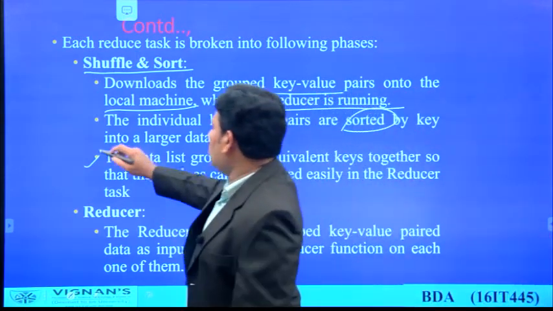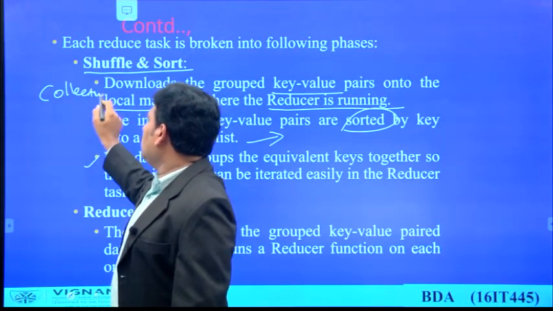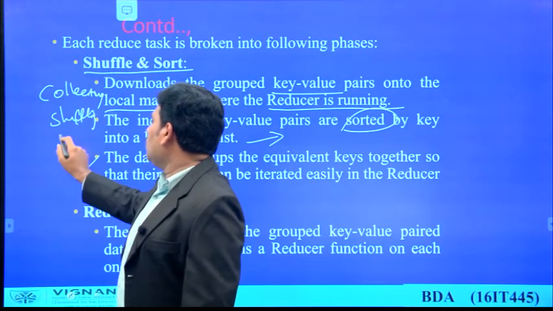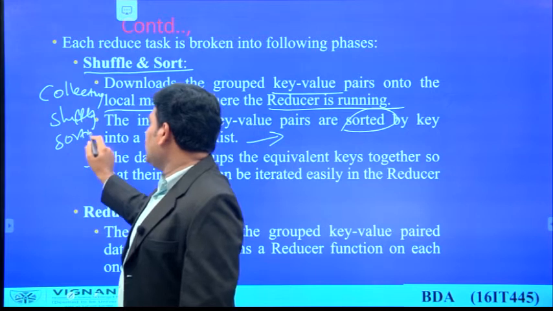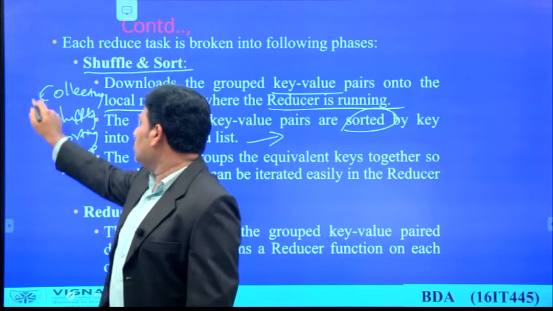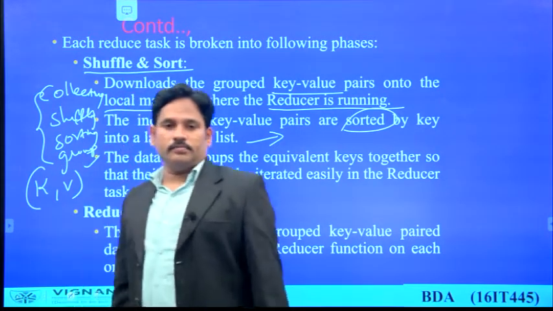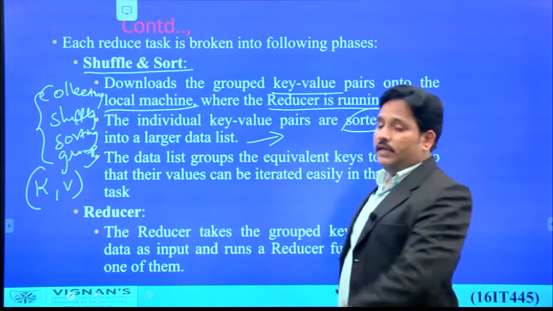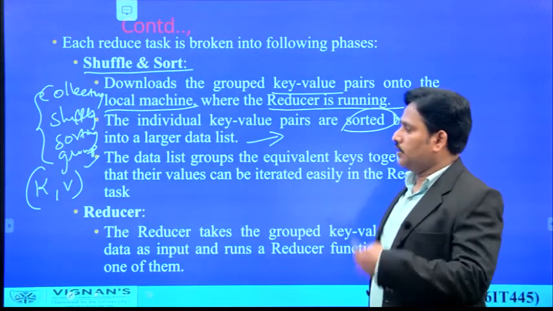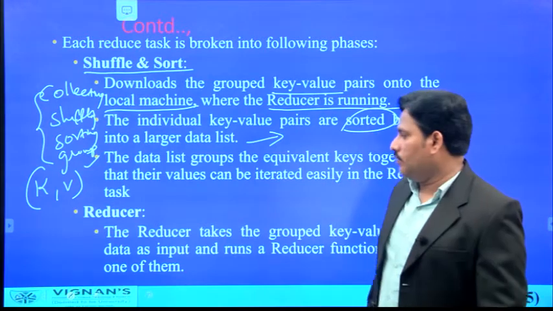Here in shuffle and sort we are collecting the data, applying data shuffling, applying sorting techniques, and finally grouping all the values based on key and value pair. That means in shuffling and sorting internally we apply four operations: collection of the data, shuffling of the data, sorting of the data, and grouping of the data.